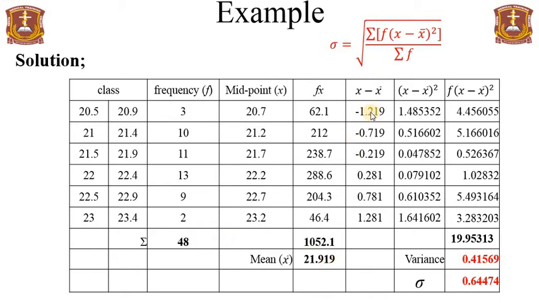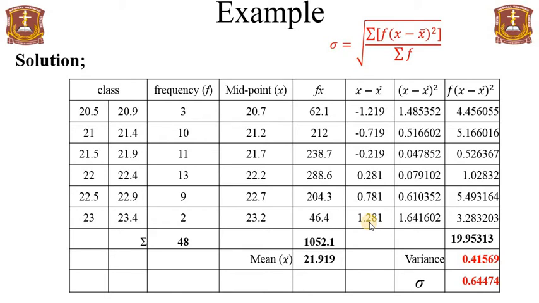So our column here will be obtained by taking the midpoint value 20.7 minus 21.912, and you'll find something like this. Do the same for 21.2 minus this, and you get this other one. 21.7 minus the mean, and you find this up to the end.